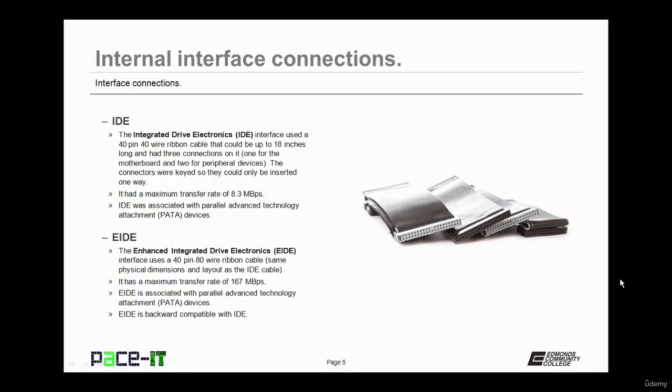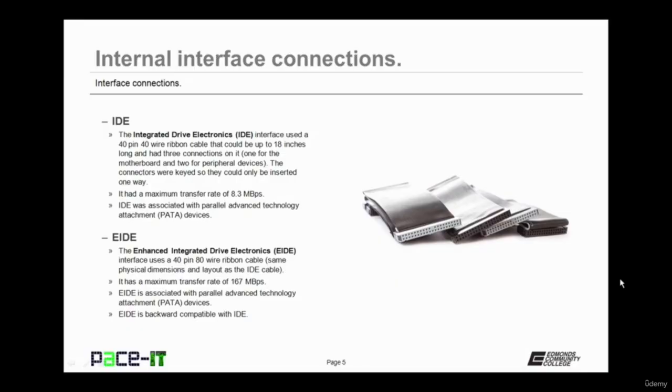Now this cable can be up to 1 meter in length. Now unlike the IDE and EIDE interface, only one SATA device is allowed per cable, but all SATA devices are hot swappable. That's of questionable value if your hard drive is a SATA hard drive and it's inside the case.